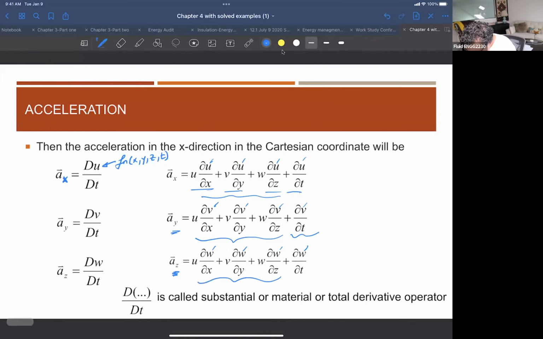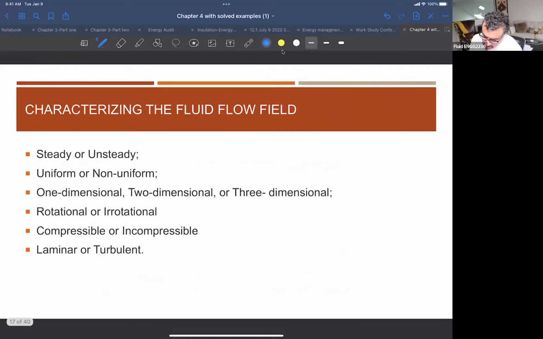So this is basically what we said. The d by dt term is local, and the three components in addition to this will be our convective acceleration.